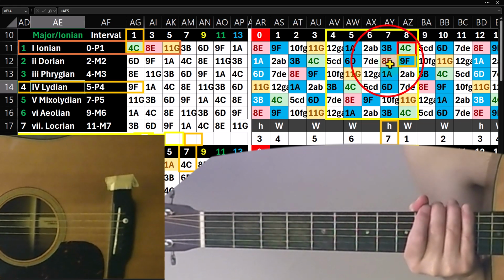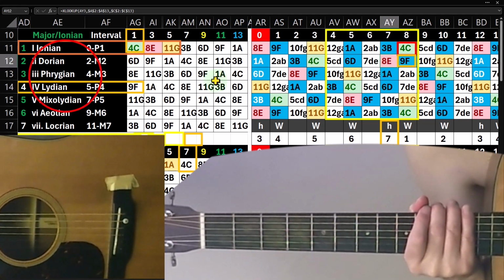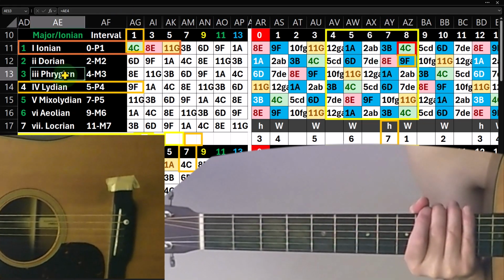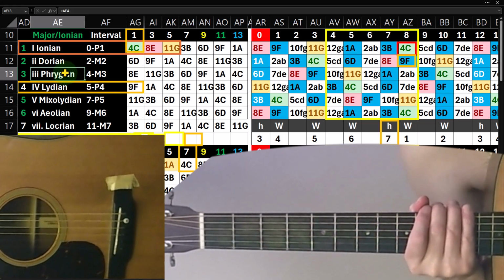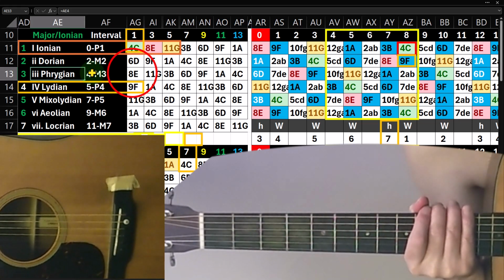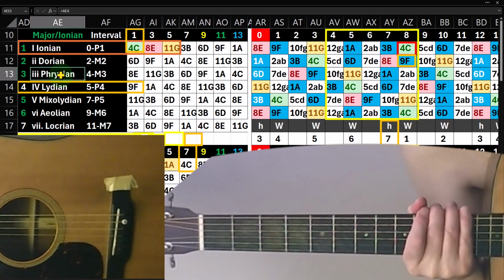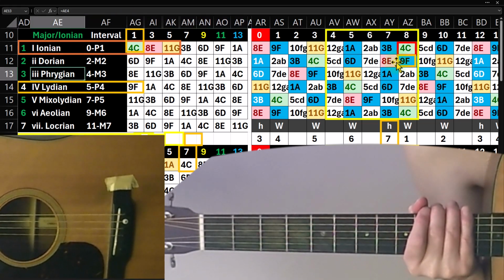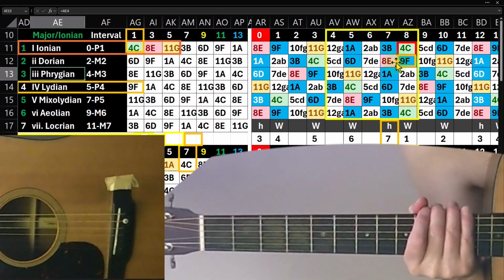What if I thought about it from this E perspective? That E is the Phrygian mode. So if I was thinking of myself in Phrygian, building a chord based on the notes in the Phrygian, then that E would be adjusted to position number 1. We would readjust our focal point. How could I do that?